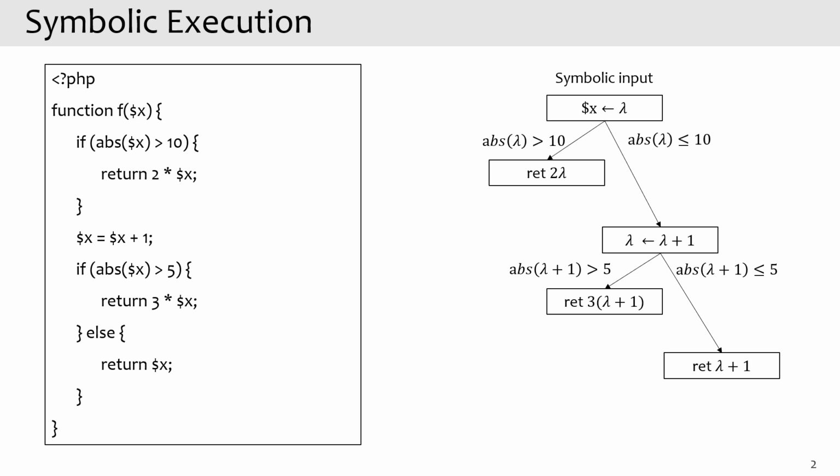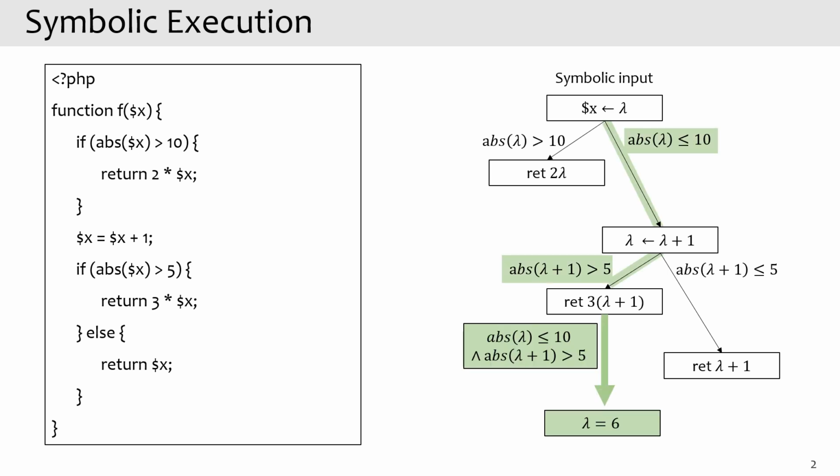For example, given the function f shown on the left-hand side, we simulate the execution into such an execution tree. Let's assume the input data of this function is lambda. In conditional statements, the symbolic execution engine would fork the execution into different program paths, and the corresponding path constraint is also collected.